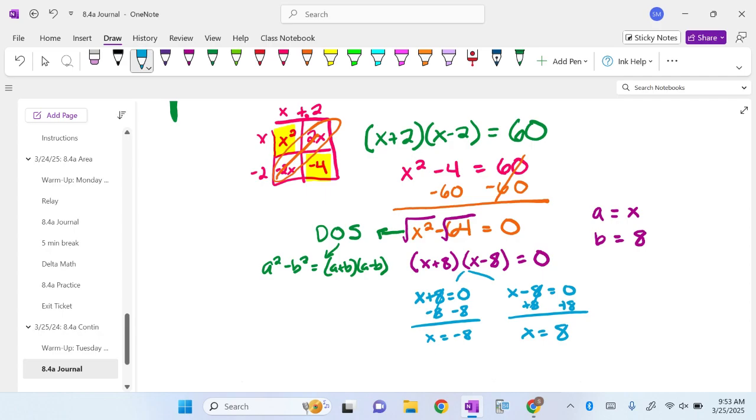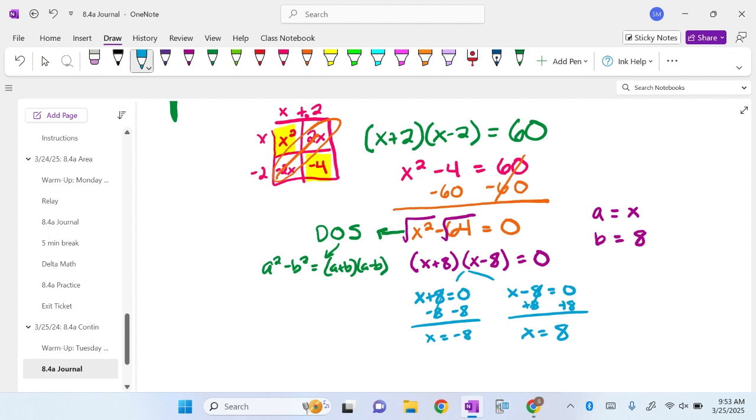Now, recall what I said yesterday. Which answer is the only one that can make sense in terms of the problem? Positive 8. Why? Close. Think about measurement. Right. You can't have a negative measurement.